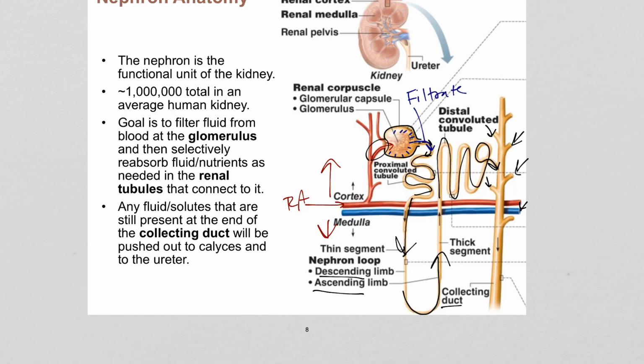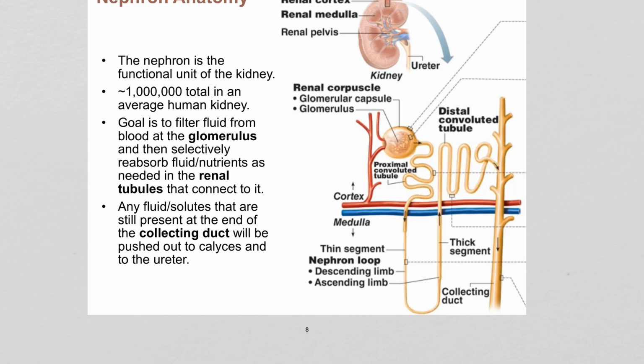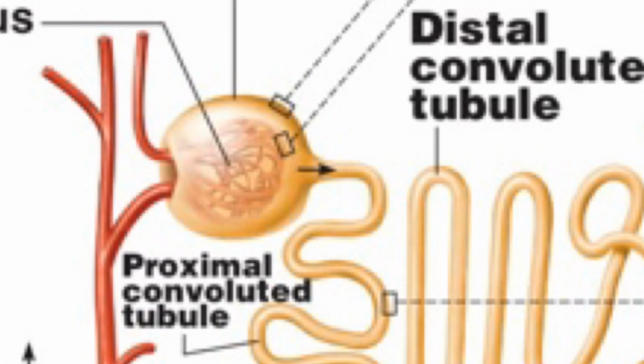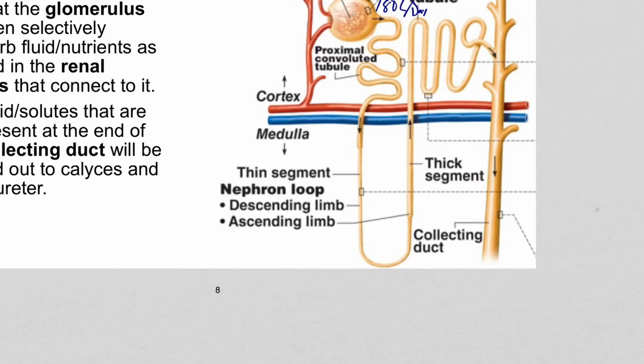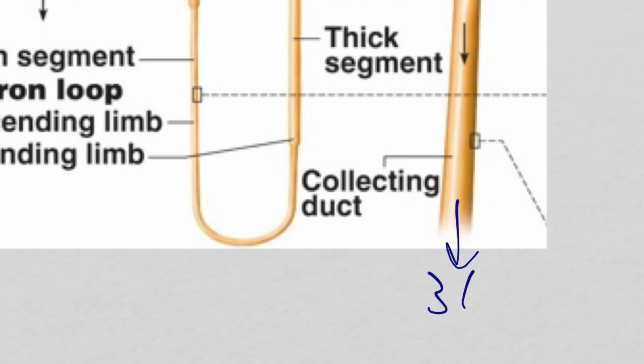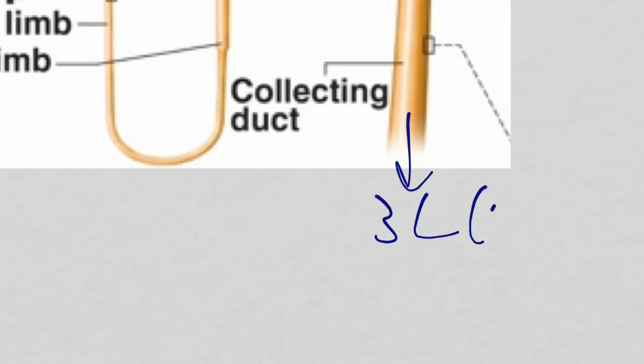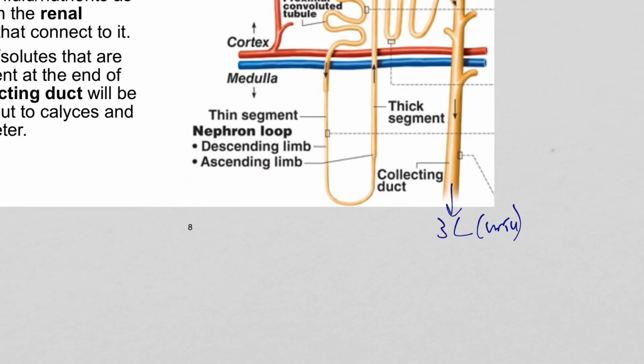Okay, so if you add up all the nephrons in both kidneys, and we're filtering, that ballpark 180 liters a day number out of here, only about 3 liters of that is winding up as urine, because if fluid leaves the collecting duct, it's coming out as urine.